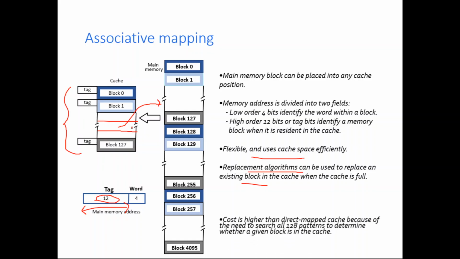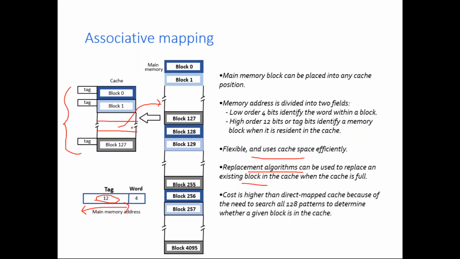But the drawback with this technique is, say for example, the processor wants to access a particular block. Say the processor wants to access block 1022. Now the memory circuitry first has to check whether this block is available in the cache memory or not.